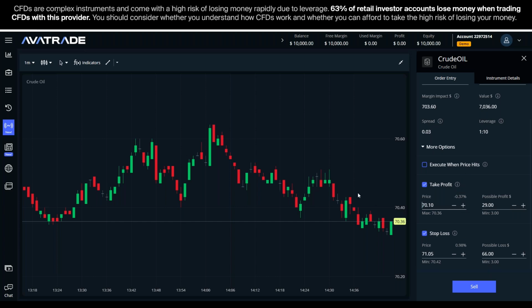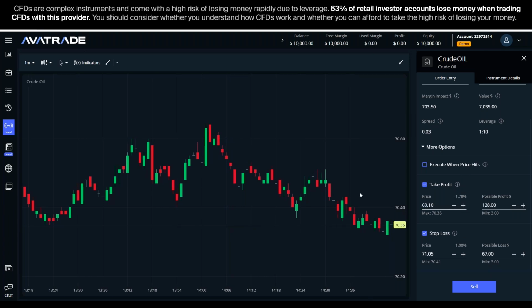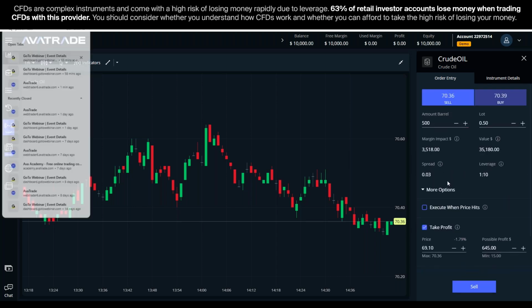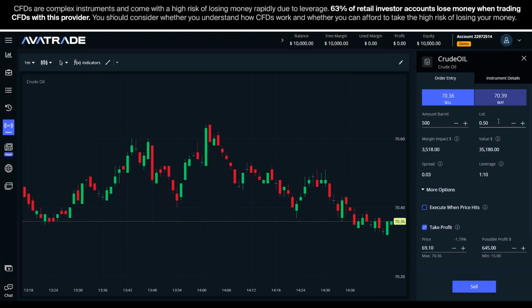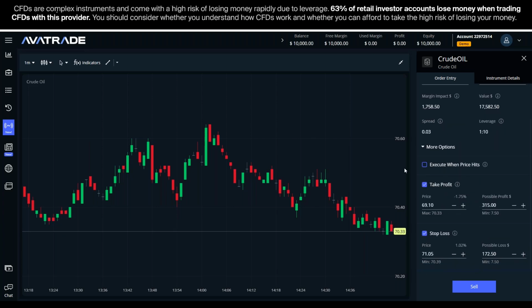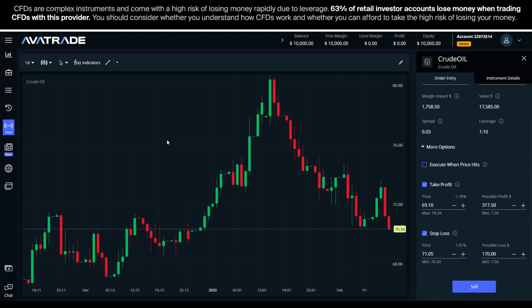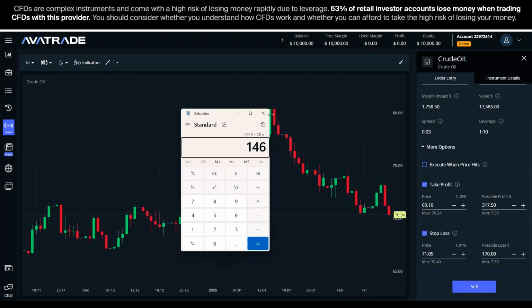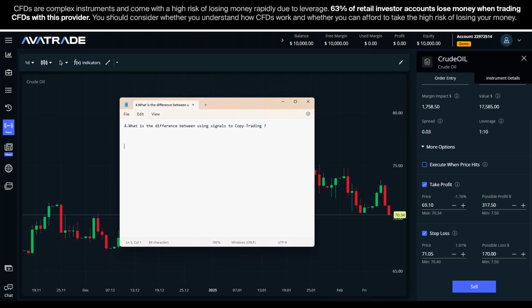Of course, I can adjust it if something is not to my liking, and I can also adjust the lot size to match my ambitions. Besides that, let's change maybe to days. Doesn't really matter at the moment. So this is a signal, and copy trading is something else. Copy trading is, just a second.